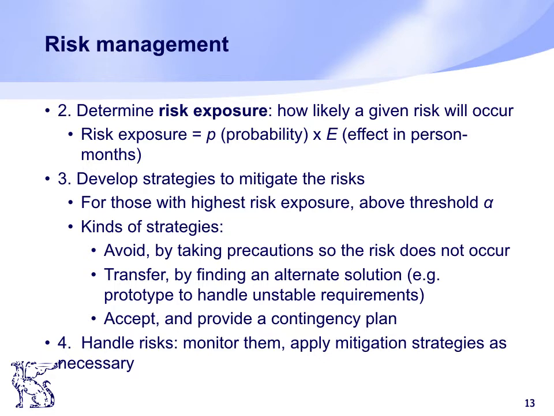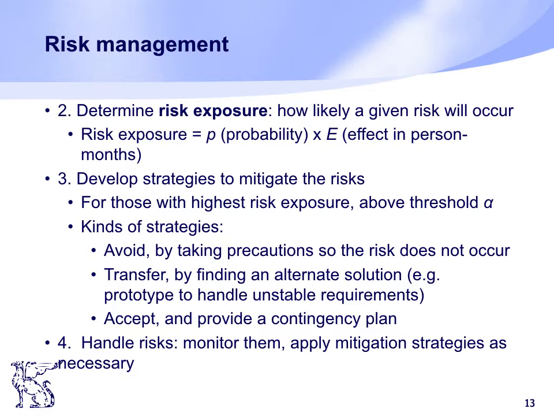risk management steps. At first you have to identify the risk, then for each risk you have to determine risk exposure, and then for those with the highest risk exposure, if it's above the threshold, then you have to apply the mitigation strategies.